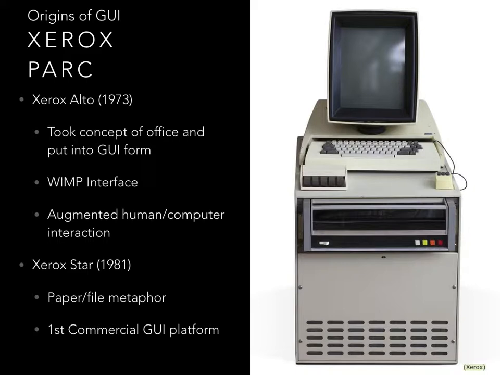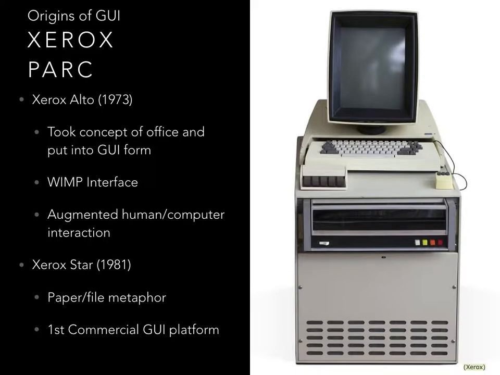Xerox was a paper company at the time, focused on what we refer to as Xeroxing, or copying papers. However, part of the company did understand that computers and human interactions being augmented by computers was going to be the future.